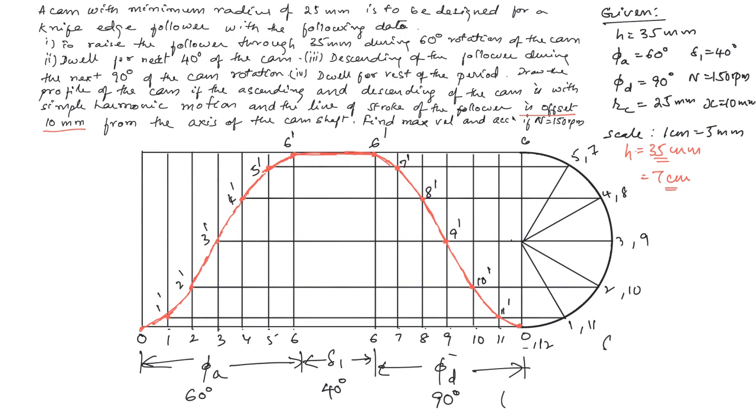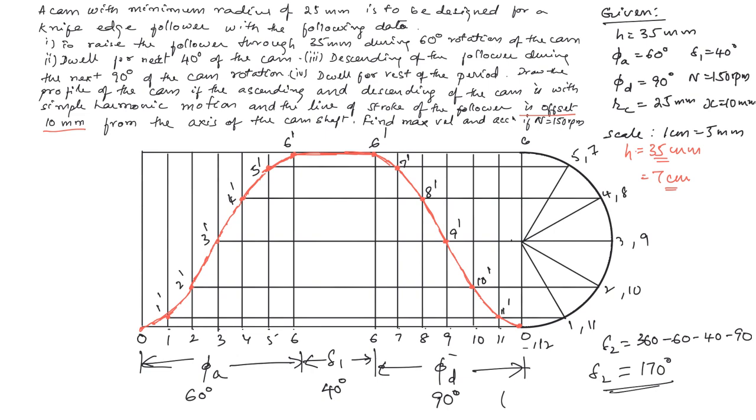So delta 2 will be 360 minus 60 minus 40 minus 90. So that is 170 degrees, so delta 2 is equal to 170 degrees. So that is the dwell at the lower position.